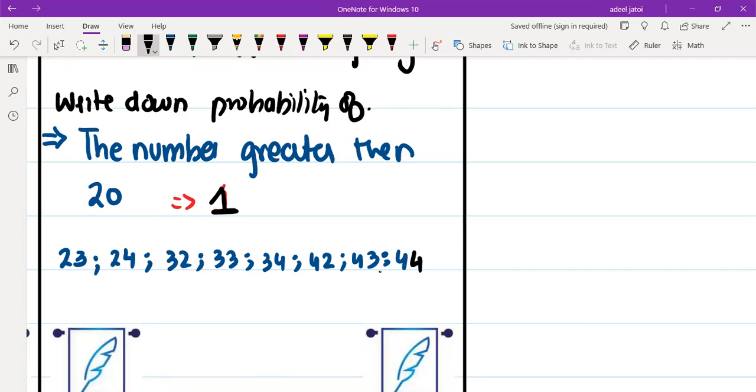If the question would have said the number greater than 20, and by chance all the numbers would have been less than 20, then the probability would have been 0, because there is no number that is greater than 20. But if the numbers that are given are less than 20, then only the probability will be 0.